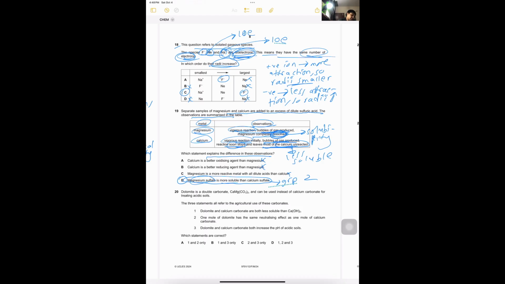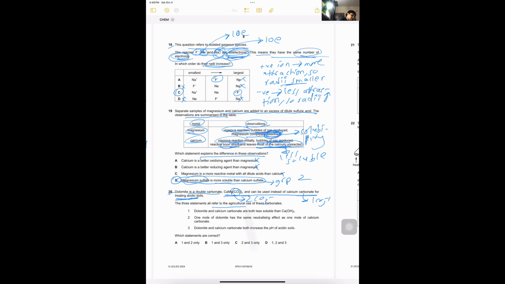Dolomite. Okay, question 2. Dolomite is a double carbonate, CaMg(CO3)2, with 2 carbonate ions, and can be used instead of calcium carbonate for treating acids. So this has 2 carbonates, this has 1 carbonate. The three statements all refer to the agricultural use of these carbonates.